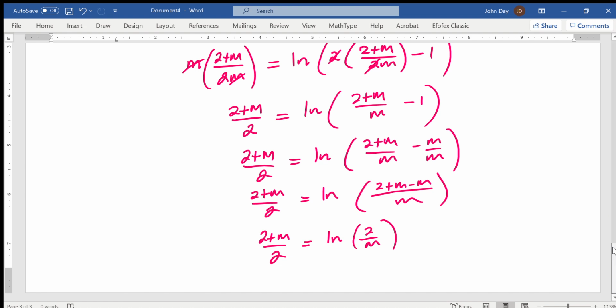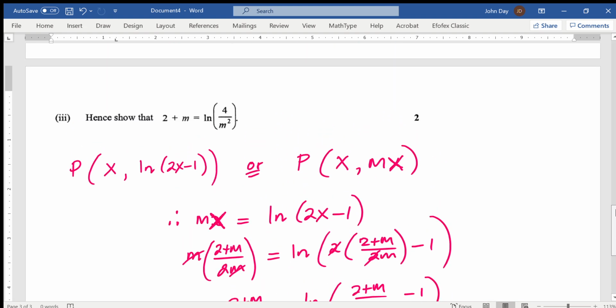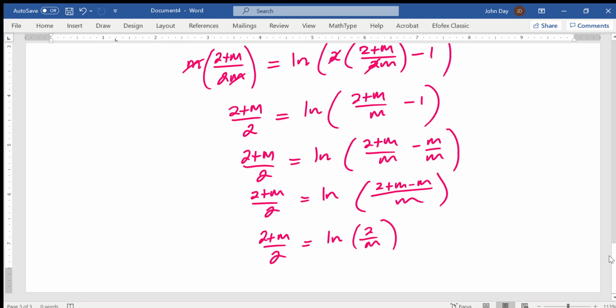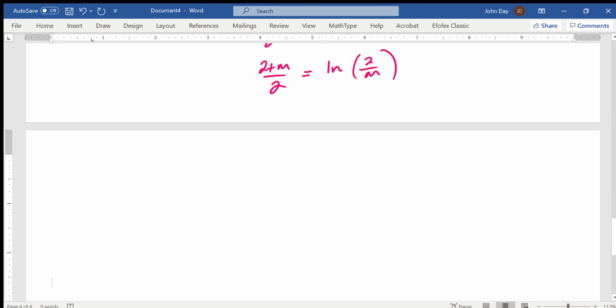Now I'm getting very close. They're wanting something with a 4 on the top and an m squared on the bottom and only a 2 plus m on that side. So clearly I need to, on the left-hand side, just get 2 plus m. So let's times both sides by 2. Now we've got the left side looking like we need to.